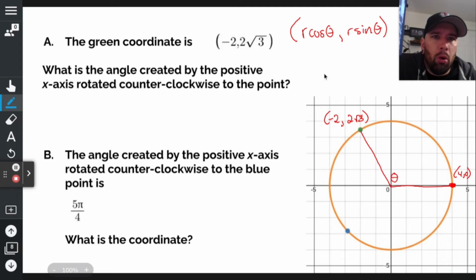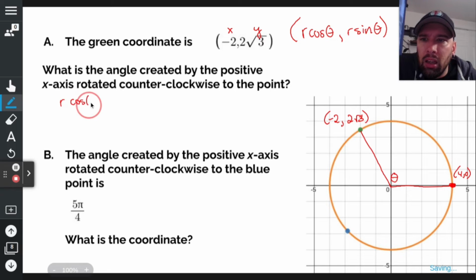So you are an x value, you are a y value. Basically, r cos theta is x, and r cos theta is -2.